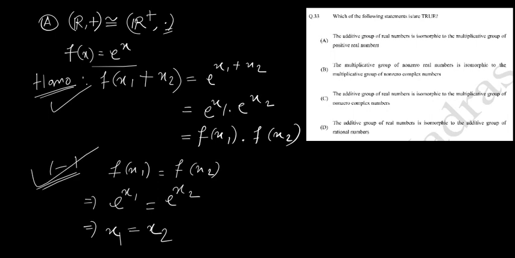Now we will check for onto. If range equals codomain, then the function is onto. Here the codomain is R plus.